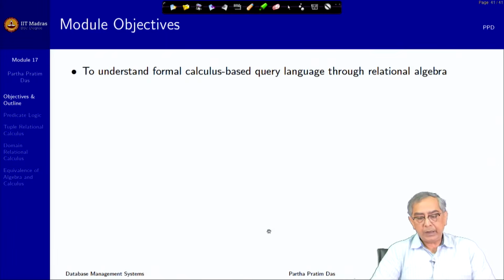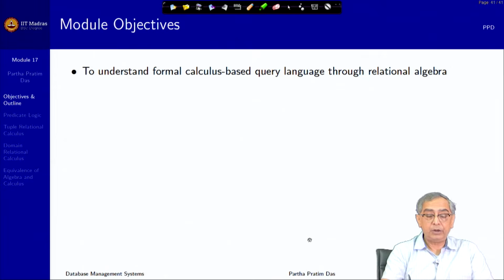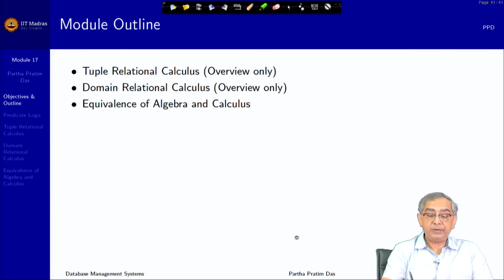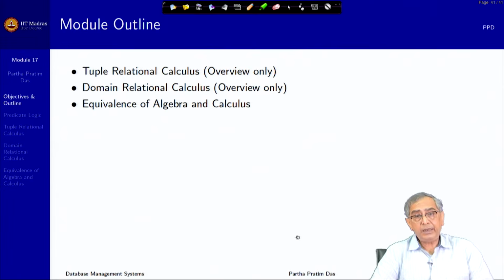We will continue on that stream, but just take a quick look into the calculus based query languages through the equivalence with relational algebra. We do not intend to really go deep on the calculus for two reasons. One is the calculus needs more in-depth foundation on the results of predicate calculus, because they are based on predicate calculus, and the other is they are all equivalent to relational algebra.